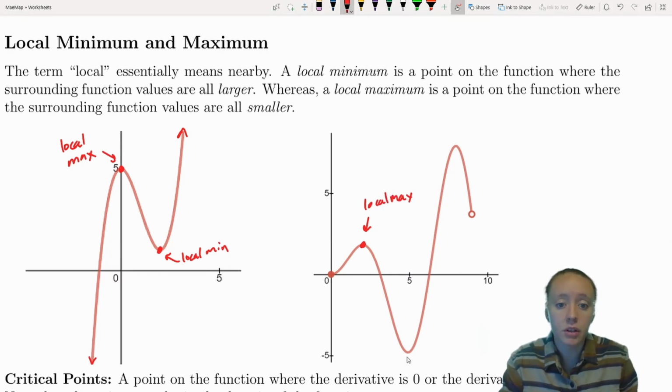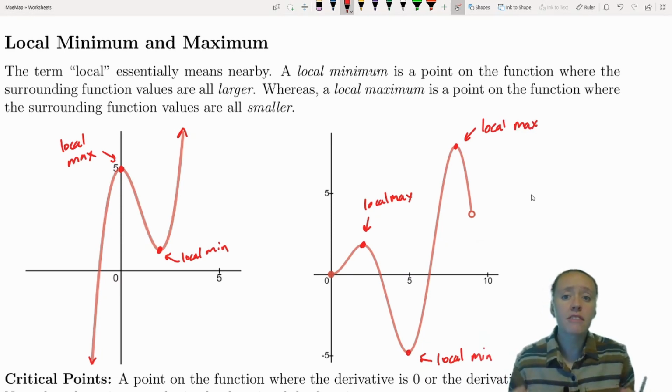Continuing along our function, here is a local min. There's no function values around that are lower, and then up here we again have a local max. So in this case, we have 2 local maxes. And you can have multiple local minimums and multiple local maximums within the same function.